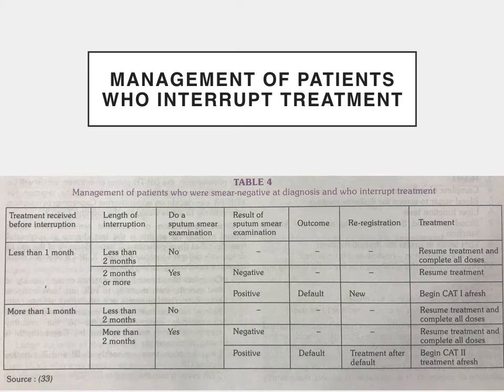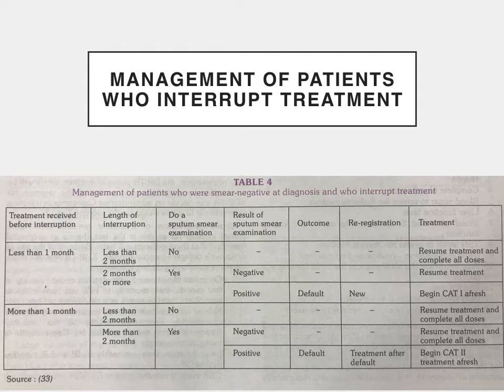This is the management of patients who interrupt treatment, and it is not only this table. The subsequent two tables in the following slides, this is table 4, then we have table 5, and table 6. All of these show the management of patients who interrupt treatment under the Revised National Tuberculosis Control Program.